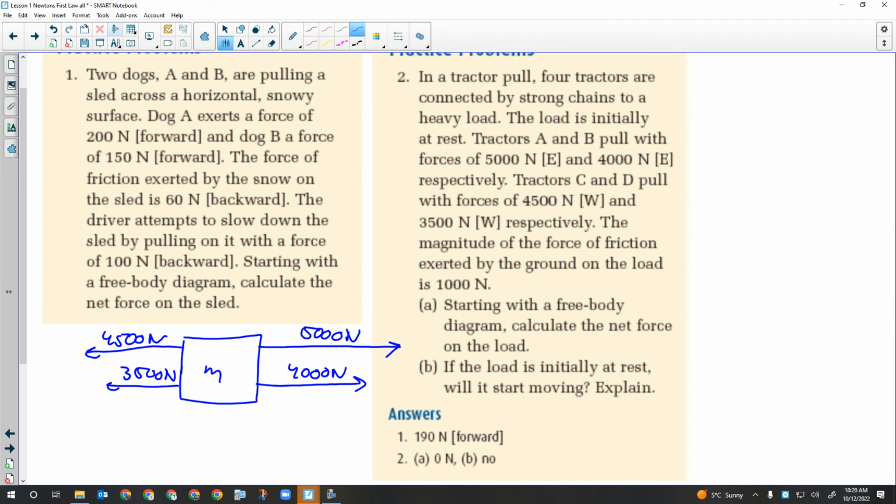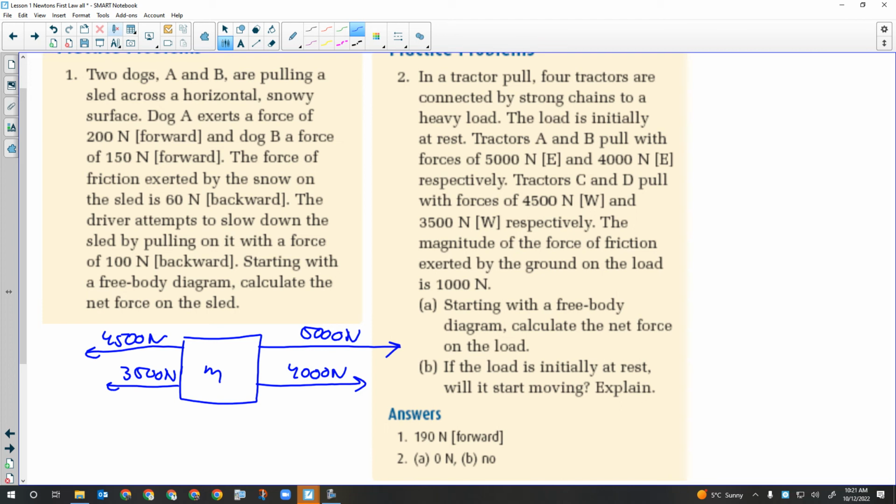So here's the trick to this. Which way should I draw friction? What does friction always do? Opposes. Yeah, it always opposes. So if I've got more force east, the box is moving east, which means friction is acting west.